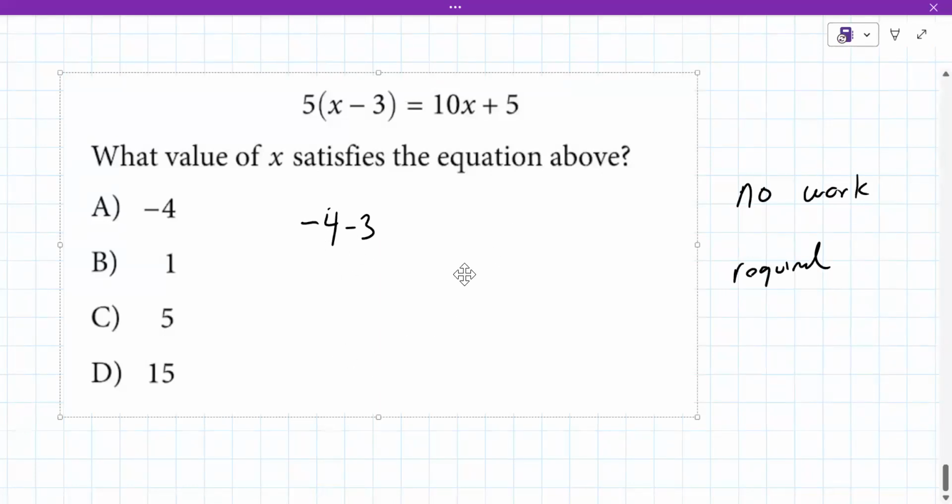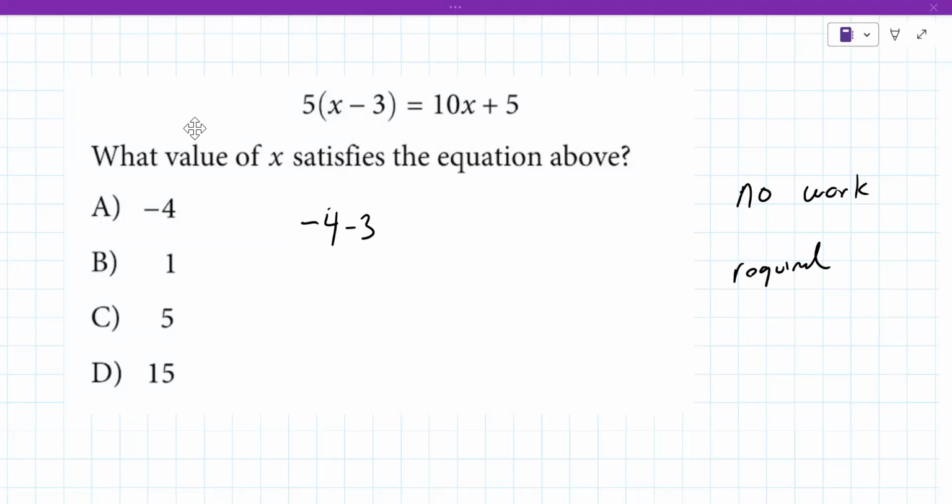So that's -7, not 7. It is -7, yes. Okay. Okay, so it's A.